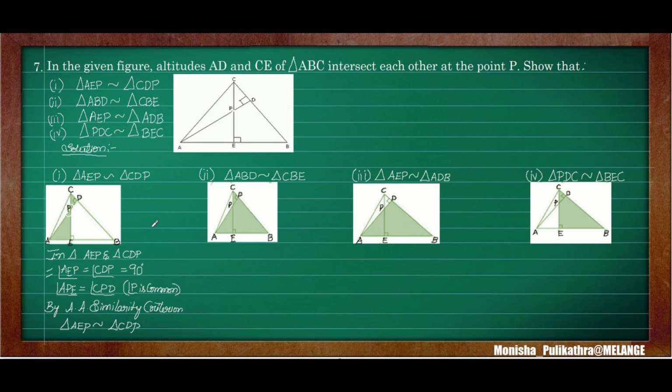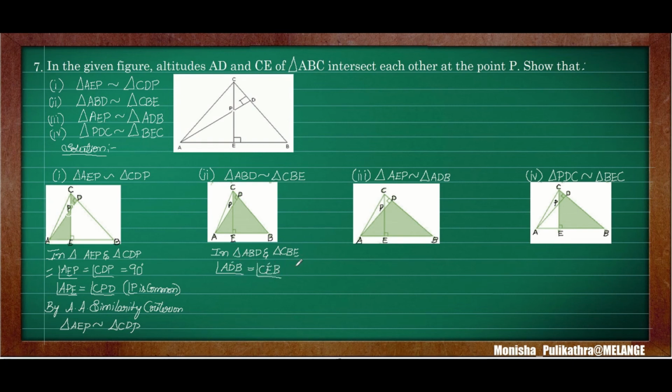So moving on to the second one. In the same method, we need to compare the two triangles whichever are given. In triangle ABD and triangle CBE, in both triangles, 90 degrees will be there. In ABD, angle D is 90 degrees, and in triangle CBE, angle E is 90 degrees.